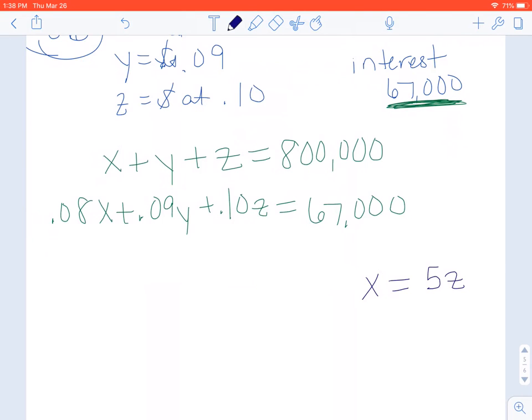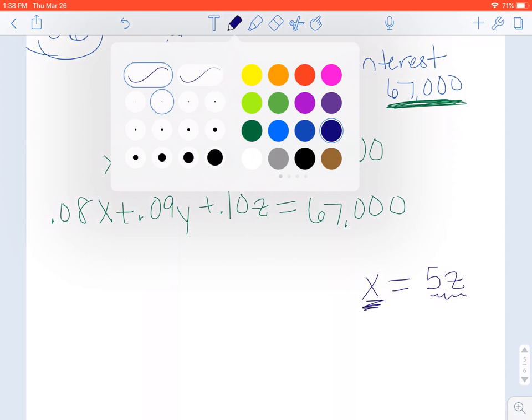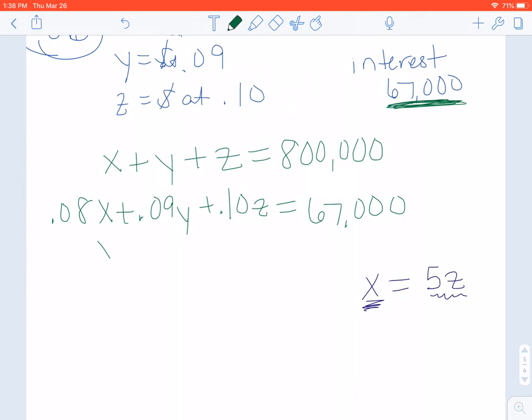That makes sense because I'd want to borrow more at a lower interest than at a higher interest. So the amount at 8% is 5 times the amount borrowed at 10%. If we set that into the form of my others, where the variables are on one side and the number is on the other, we would have x minus 5z equals 0. So those are our 3 equations.